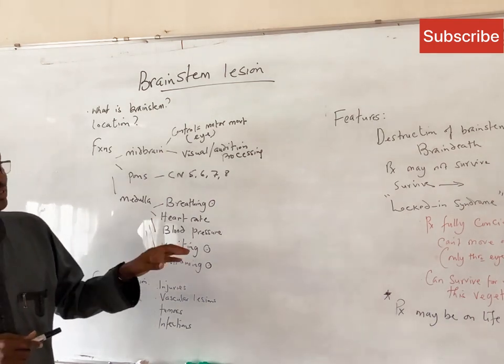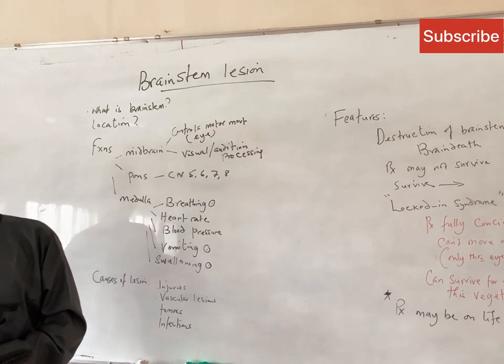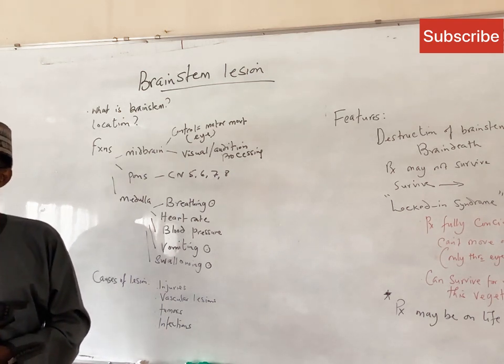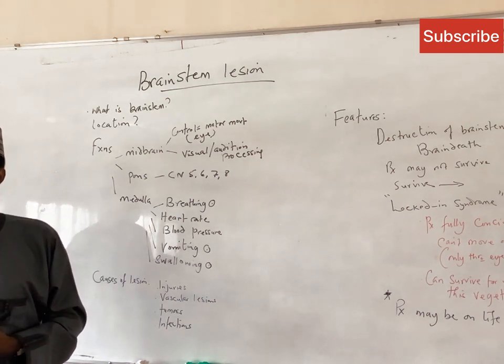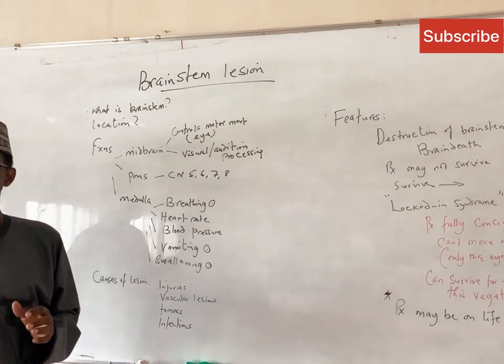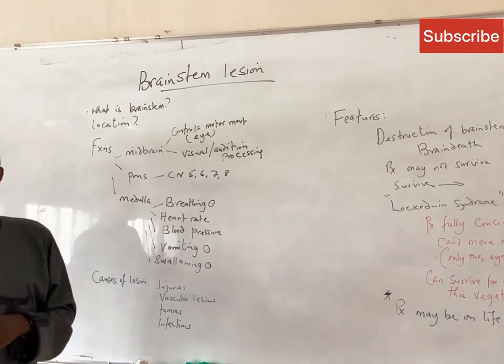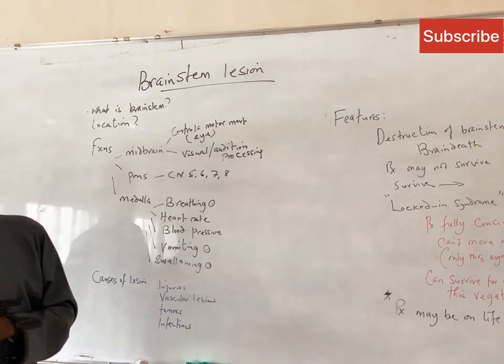But in case the centers are not completely damaged, the person may survive for decades, but under what we call life support. Life support in the sense that the person is placed on a ventilator. I'm sure you are all aware of coronavirus.